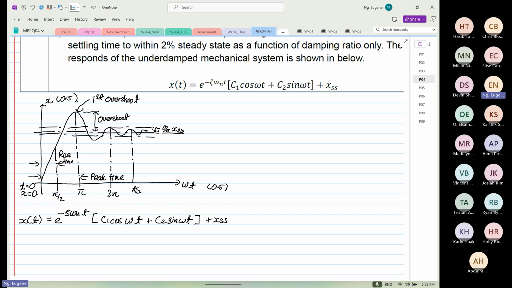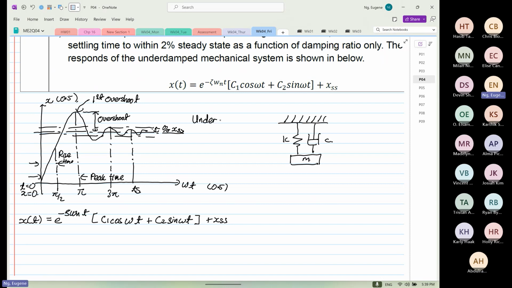Before you go any further, you have to know the response is because of what? Now you have a spring and you also have a damper.